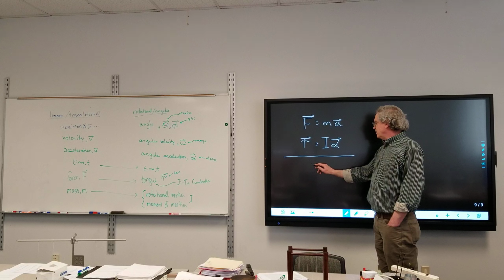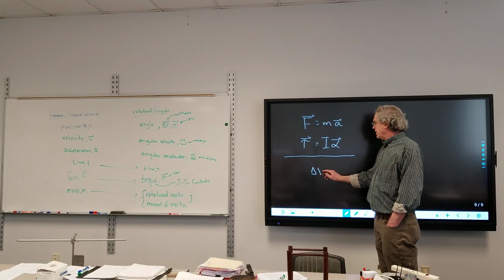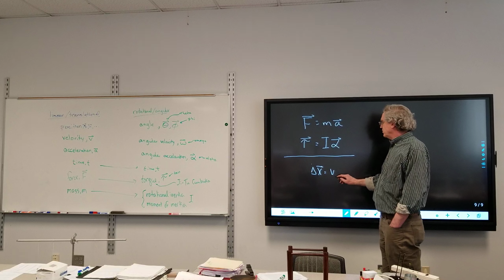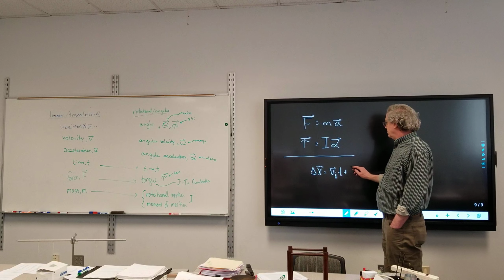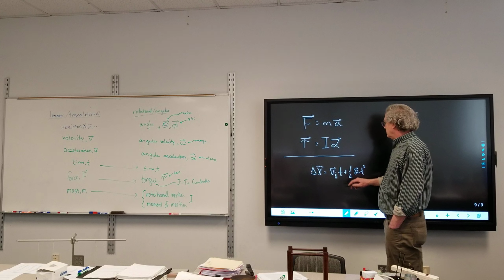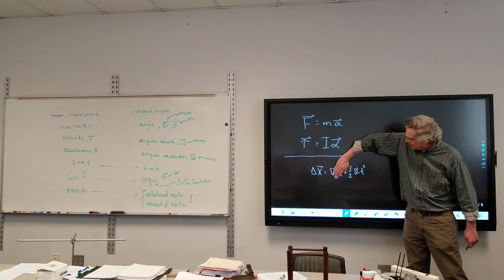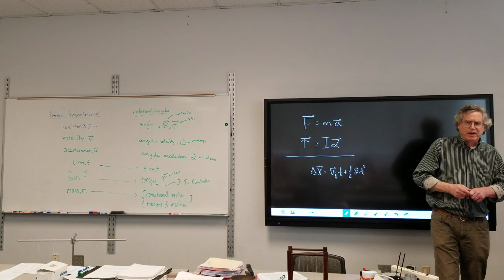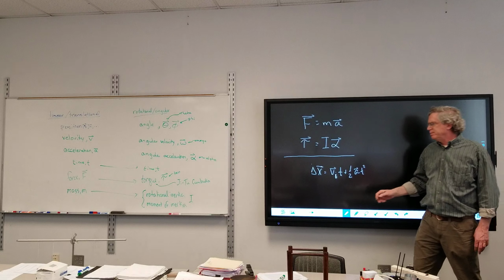I'm going to take an equation that's in one of the videos, I know that. So delta x equals v_i t, that's an i, plus 1/2 a t squared. We've dealt with that part of the equation and that part of the equation, but they actually combine. What would be the rotational analog of this equation?